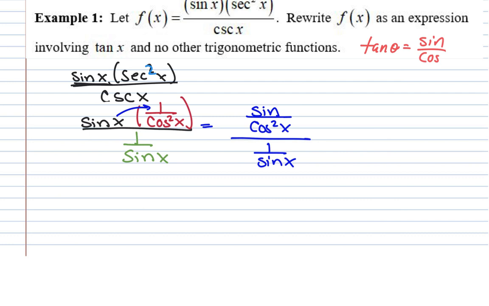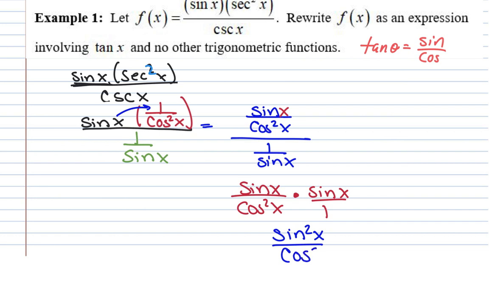And we're going to have sine of x over cosine squared of x, change it to multiplication and flip it over 1. And now you're going to get sine squared x over cosine squared x. And we know that sine over cosine is tangent, so this is going to be tangent squared x. So that's your answer.